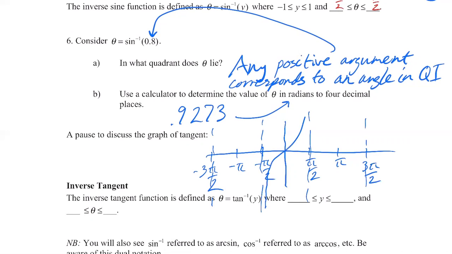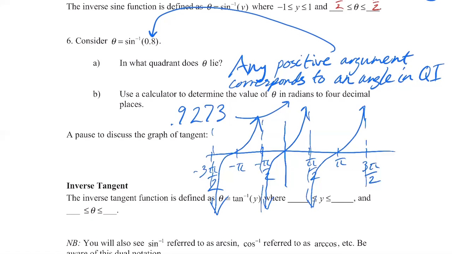So when we think about the graph of tangent, we have all these different swoopy bits. If we're going to consider the inverse of tangent, we should take one.